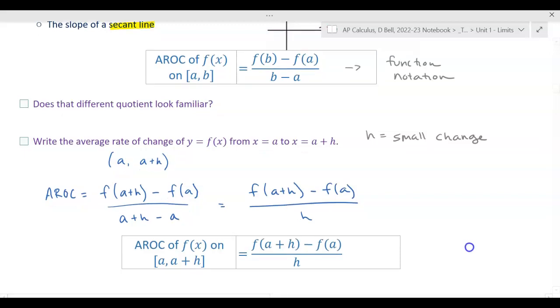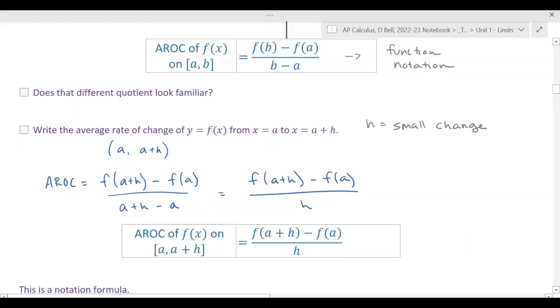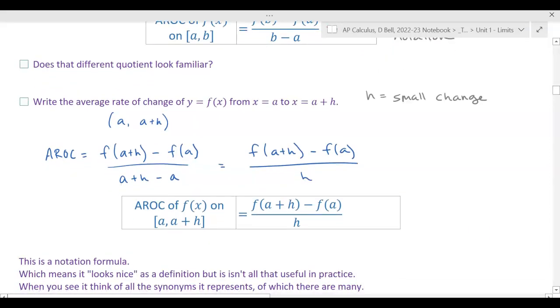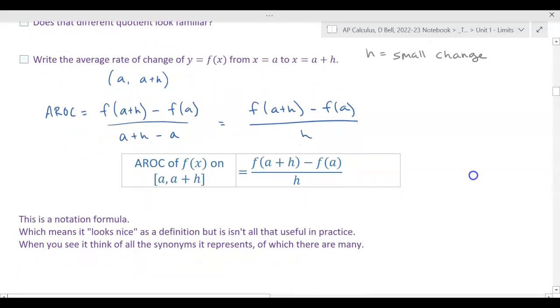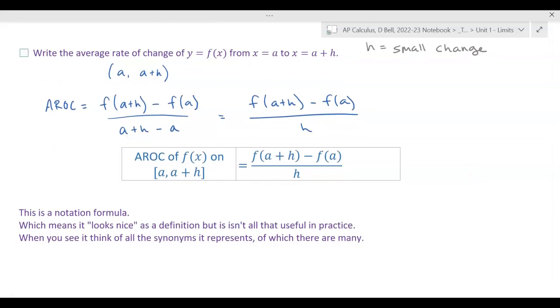So this is the average rate of change of f of x from a to a plus h.